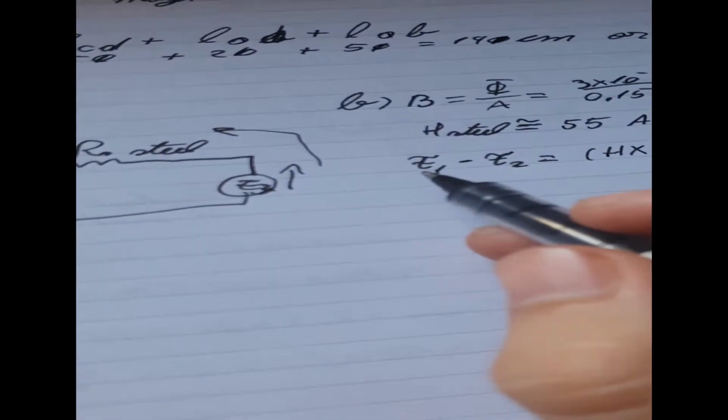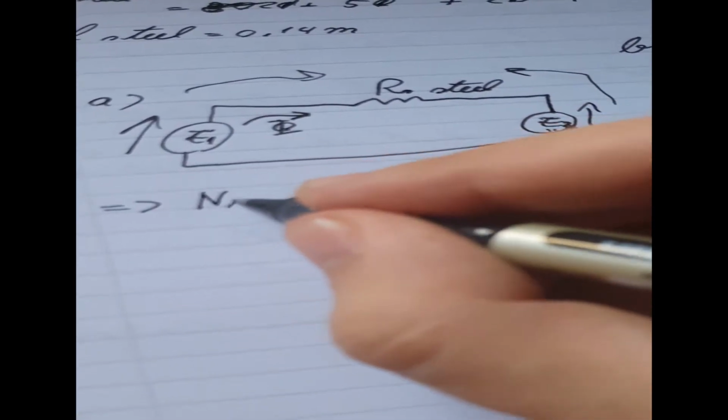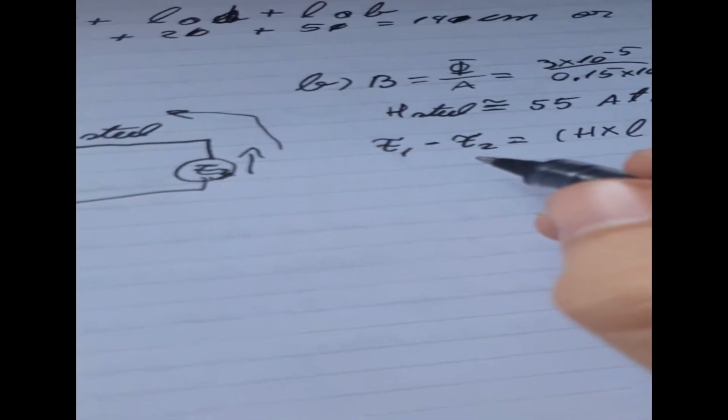So we can do therefore, which is this one here, magnetic force 1 will be the number of turns 1 multiplied by the current 1, which we know both of them, and then MMF 2 will be equal to the number of turns 2, which we know, multiplied by the current 2, which is the unknown, and that will be equal to, again, H times L. You can see, by knowing the value of MMF inside one material, we can easily determine which one of these two is the predominant direction.